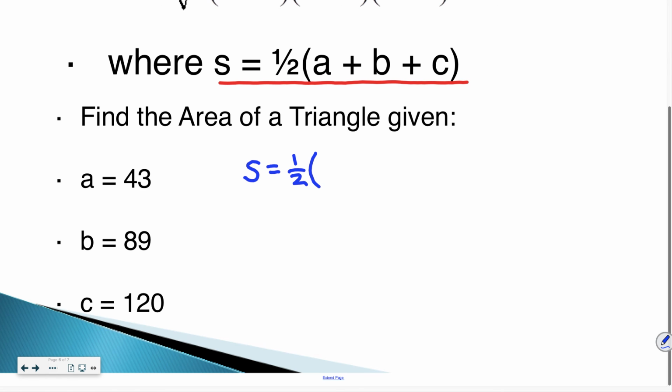First we're going to calculate little s. We're going to add these 3 sides together and divide by 2. If you could do that for me, please, I would appreciate it. Paige, what's little s? 126.